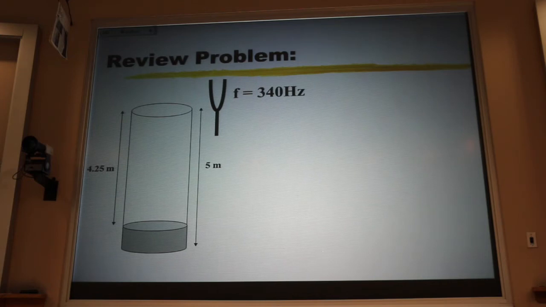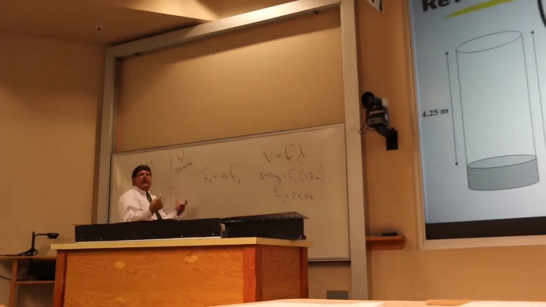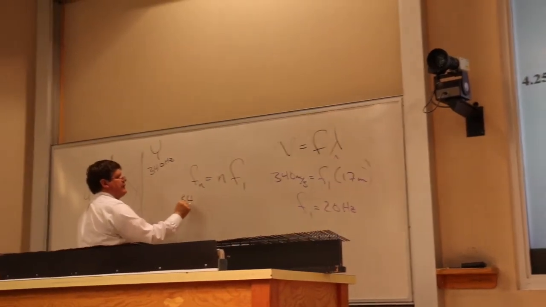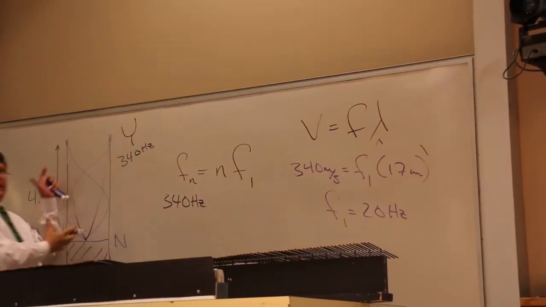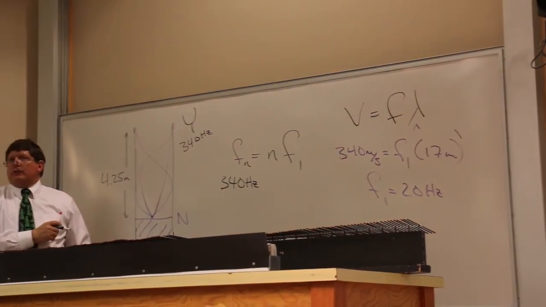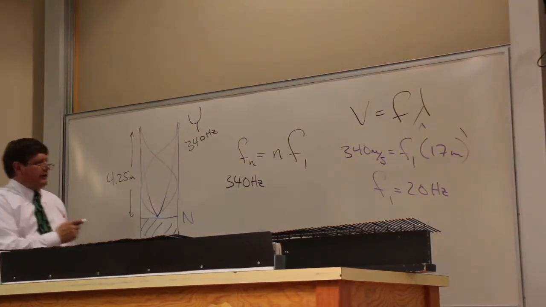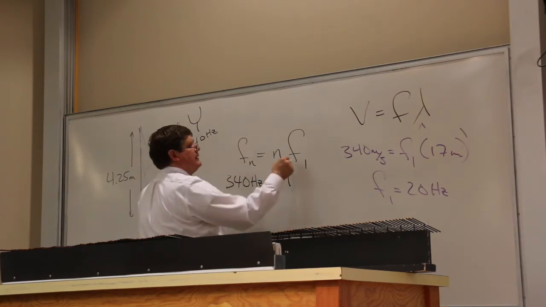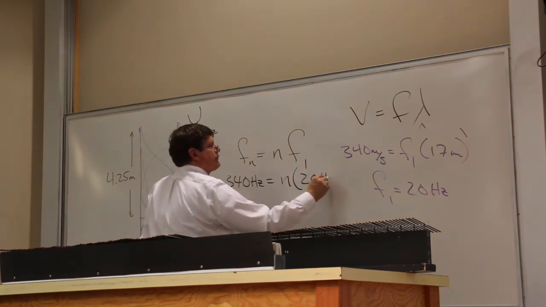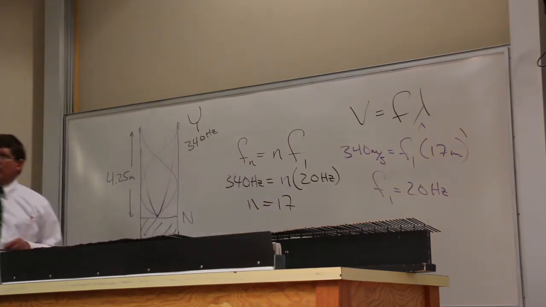The nth harmonic is always n times the fundamental, or the first harmonic. In this case, we're exciting the nth harmonic at 340 hertz. This air column has to resonate or sing at the same frequency at which it's being tickled or perturbed. That's going to be 340 hertz. That's going to be equal to n times the fundamental of 20 hertz, and that gives me an n value of 17. It's the 17th harmonic.